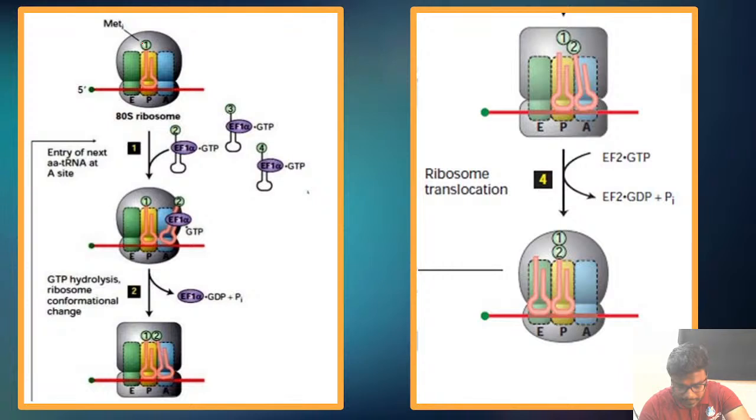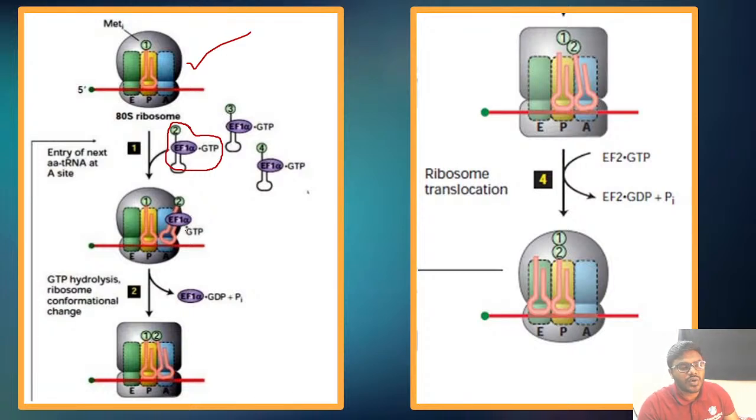Listen to me carefully. This is the active initiation complex. There is an important factor called EF1 alpha GTP, which brings the tRNA to which site, friends? A site. Immediately EF1 alpha undergoes GTP hydrolysis and gets dissociated immediately.